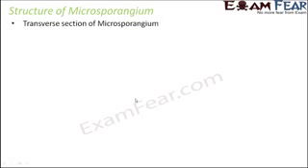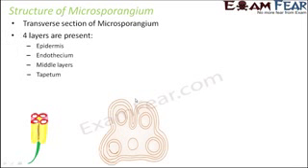So now let us try to understand the structure of microsporangium in more detail, because we are now gradually going deeper to where exactly the male gametes are formed. So we will look at the transverse section of the microsporangium to have a better understanding. So this is the overall cross section.